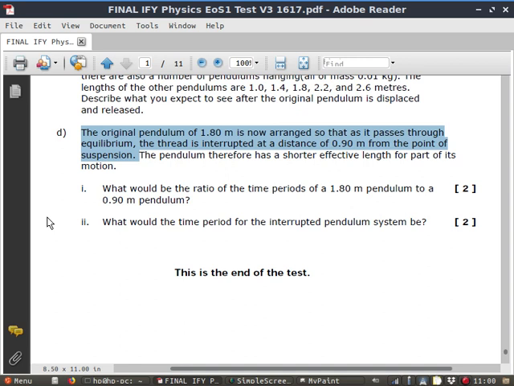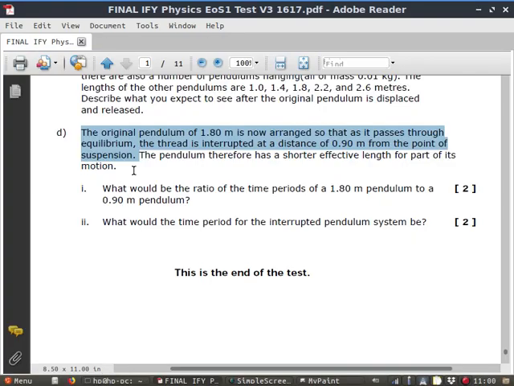We're actually assuming that it's grabbed at equilibrium only because it says it passes through equilibrium. Maybe they assume that it was already doing the motion, like they just grabbed it instead of releasing it. Oh, I think Diego's right. What do you mean? The way Diego said it.